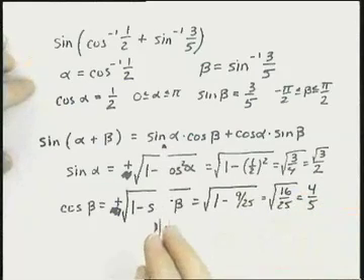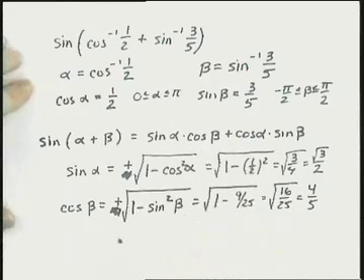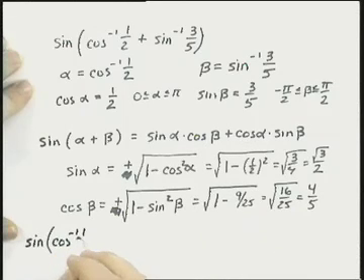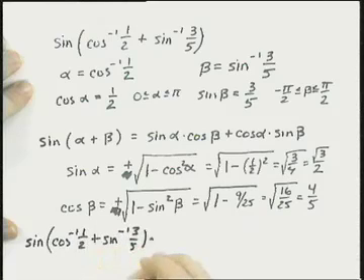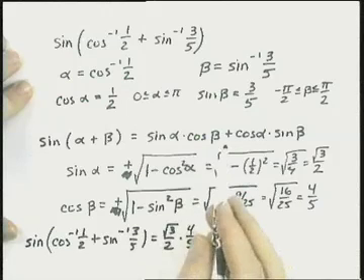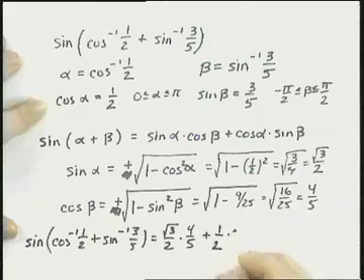So now I know the sine of alpha, I know the cosine of beta, I know the cosine of alpha, I know the sine of beta, so I'm going to get the following. The sine of the arc cosine of 1/2 plus the arc sine or inverse sine of 3/5 is going to equal the sine of alpha, square root of 3 over 2, times the cosine of beta, 4/5, plus cosine of alpha, 1/2, times sine of beta, 3/5.